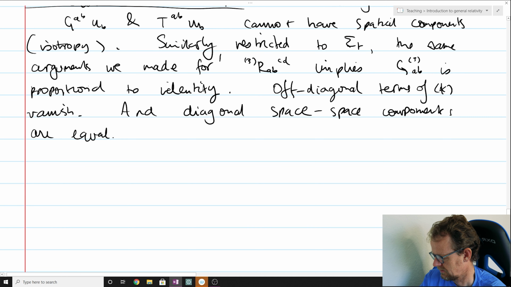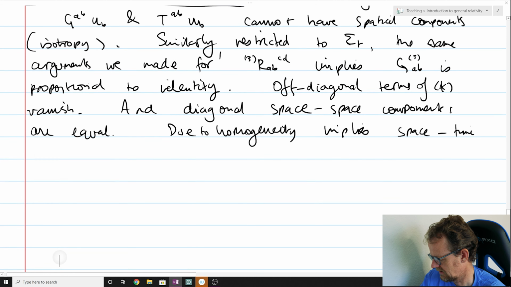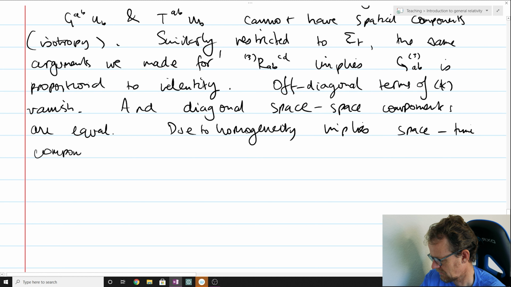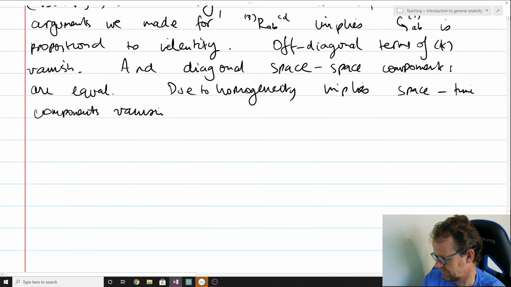And of course, homogeneity implies that the space-time components vanish. And so we're left with just two independent components from star.